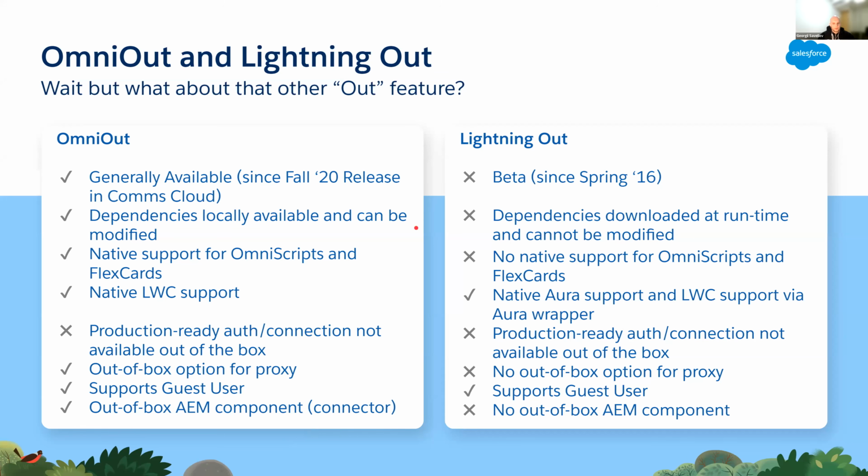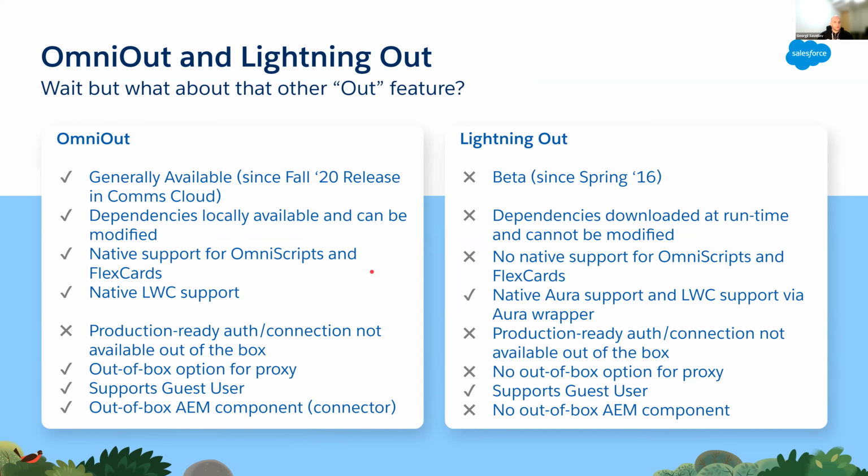So let's say your OmniScript that you have deployed on platform is great, but maybe you want to tweak some specific functionalities or the styling or something like that specifically for OmniOut, but not for your agents. OmniOut gives you the ability to do that, so you can tweak it when you take it off platform. With Lightning Out, the dependencies are downloaded at runtime and you can't modify them like we can in OmniOut.